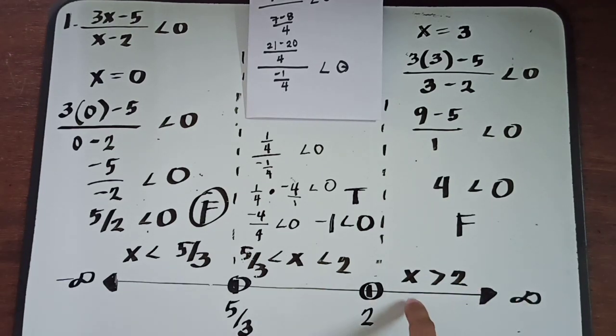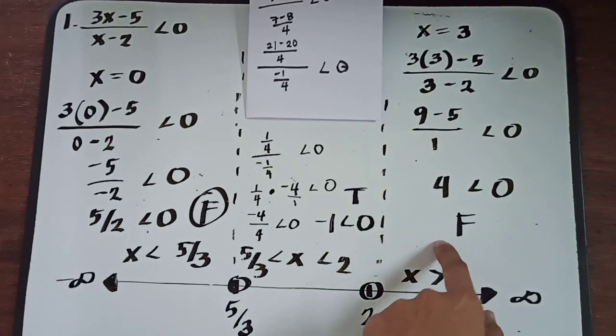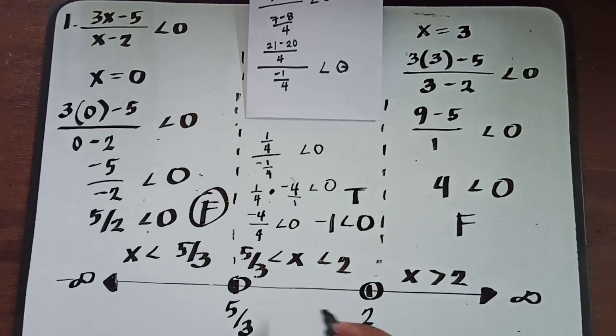And next interval, x is greater than 2, pero nag-false, ibig sabihin, ito ay hindi rin part ng solution. So, among these three, iisa lang po ang solution set natin. So, ano po iyon? Itong gitnang ito. So, ang solution set natin is x is greater than 5 over 3 but less than 2.